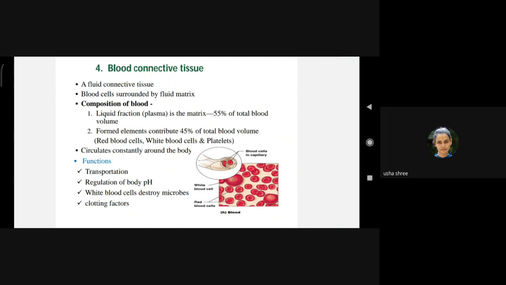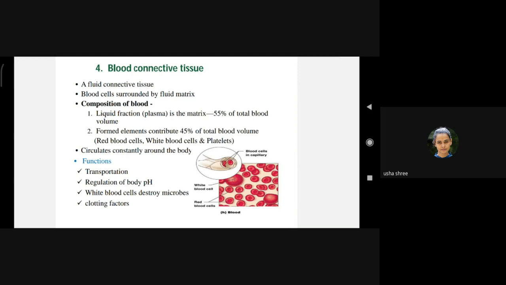This is a very important question from the NET point of view, and I think previous questions contain this question. How much is the percentage of plasma in blood? So it is 55% of total blood volume. Blood plasma is 55% of total blood volume.